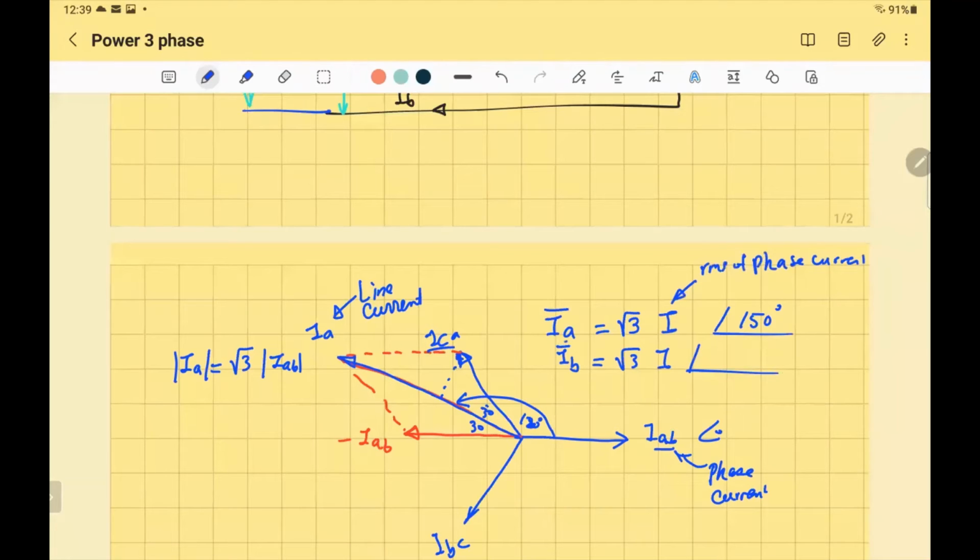IB will be behind IA by 120, so you subtract 120 and you get 30 degrees. In any balanced three phase, delta or Y, any line or phase is always shifted by 120 degrees, behind by 120 degrees. So IC will be square root of 3 I, and then you subtract 120 from the 30, and you get minus 90.